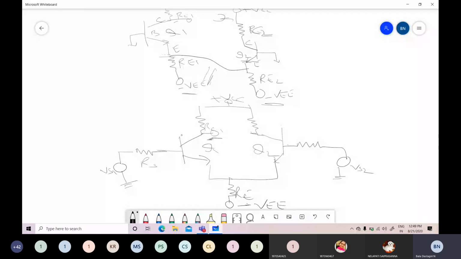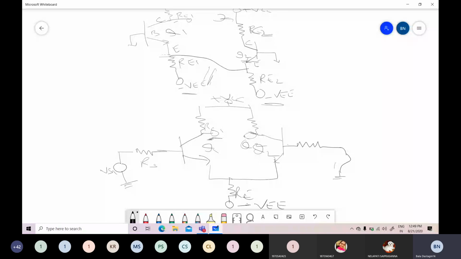Next is single input balanced output. Single input means here only one input is given directly, and balanced output means the output is taken across the two collectors.